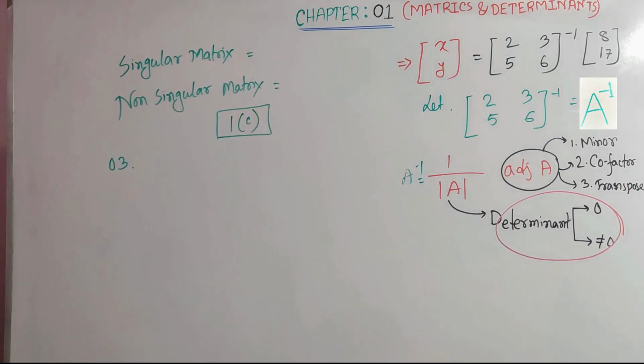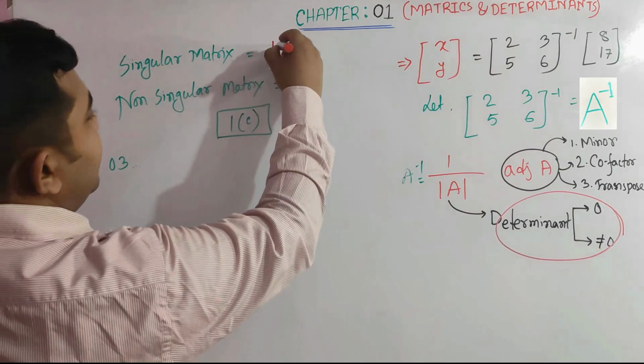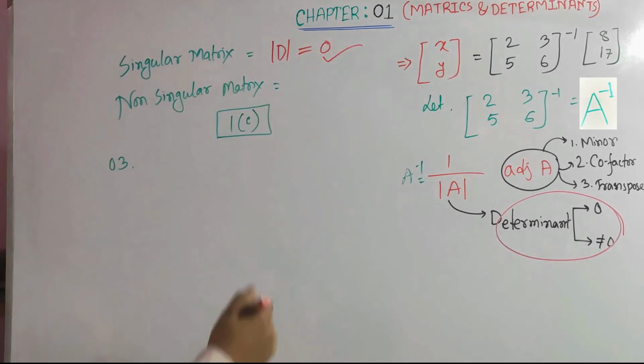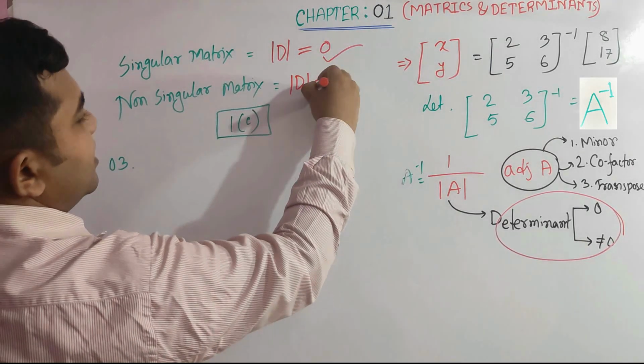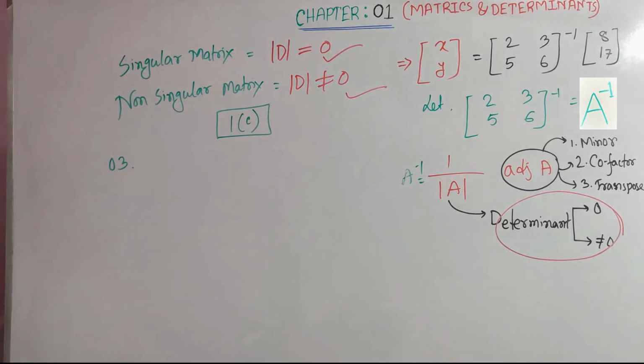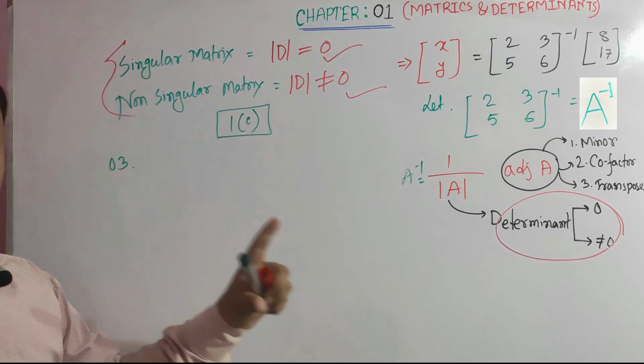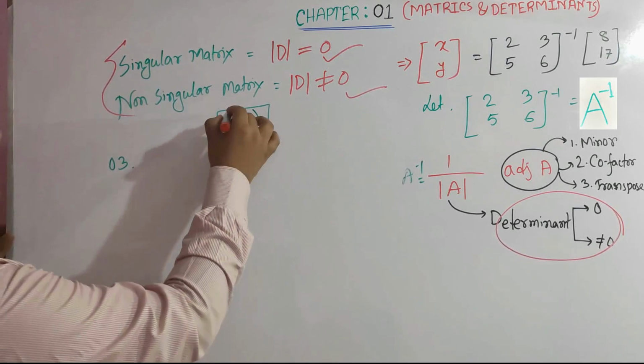So dear students, what's the definition for singular matrix? If the determinant is 0, that is the singular matrix. If the determinant is not 0, that is the non-singular matrix. These two are the definitions, and the definition is very easy but very important.